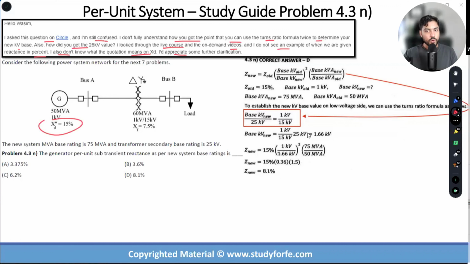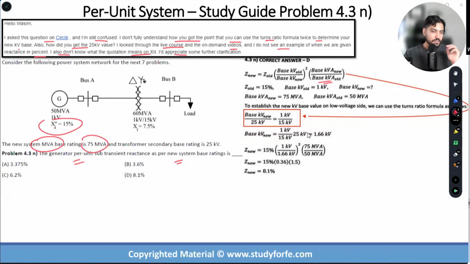Okay, so what I'm doing over here is a simple base change. Now, the important thing to remember is that the system's new MVA base is 75 MVA. This question, 4.3N, is dealing with the generator. So the generator per unit subtransient reactance as per the new base rating.